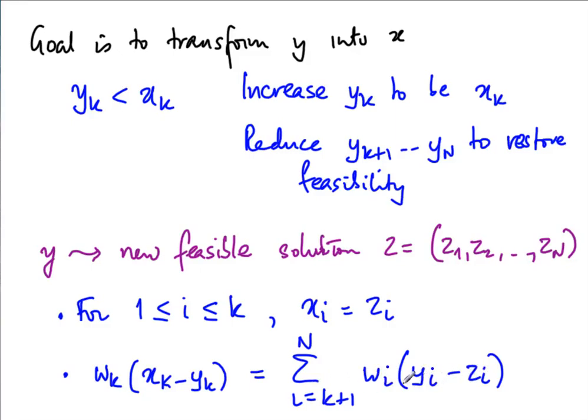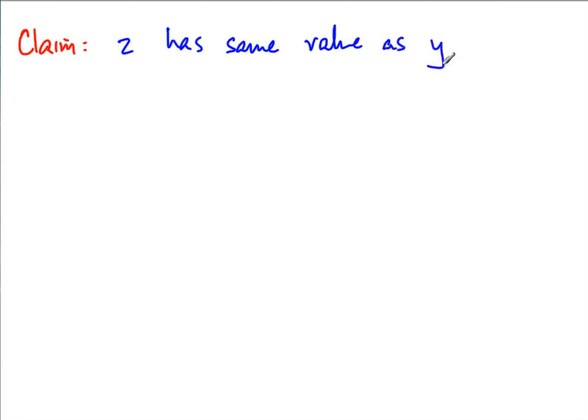If you add up this whole thing from k plus 1 to n, this must equal the amount that you added at the kth coordinate. So the proof hinges on the following claim, which we will establish, that z has the same value as y. So what we are going to show next is that z has the same value as y.